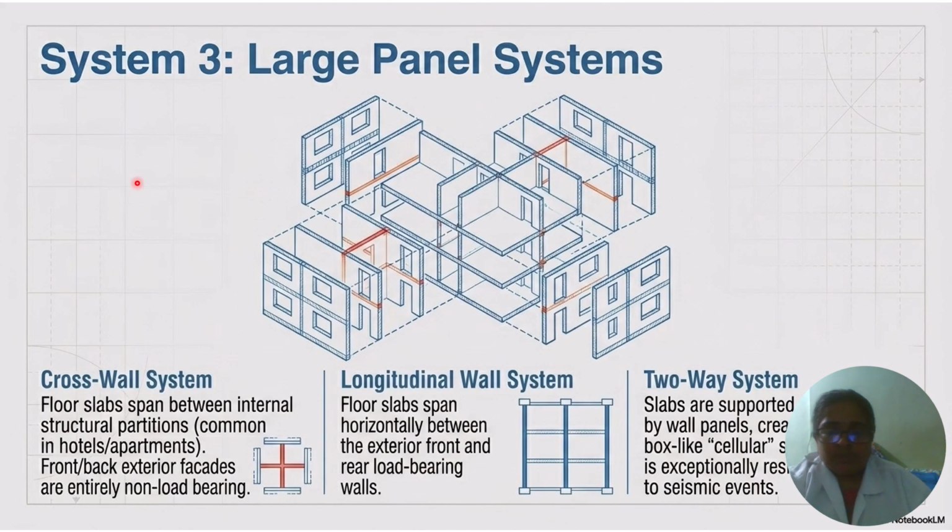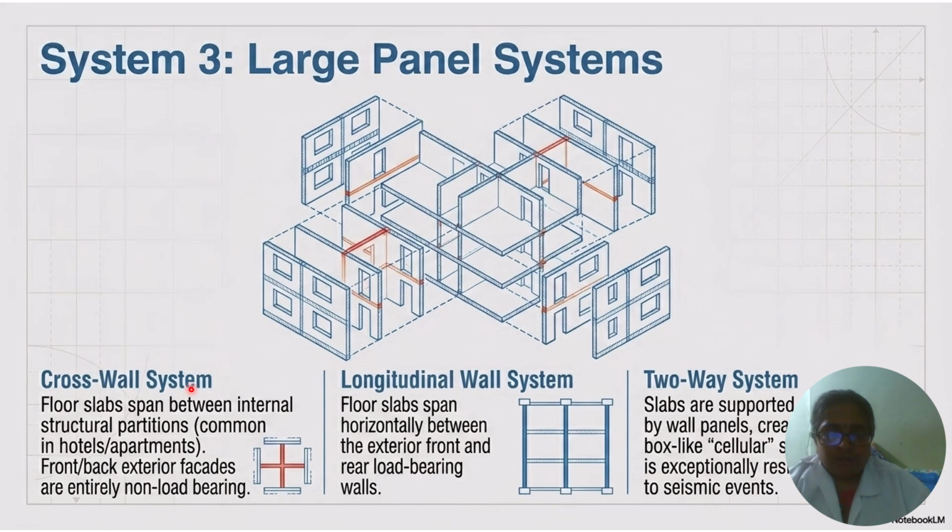And the next system is large panel systems, which is of three types: cross wall system, longitudinal wall system, and two-way system. In the cross wall system, floor slabs span between internal structural partitions, which is common in hotels and apartments. Front and back exterior facades are entirely non-load bearing.